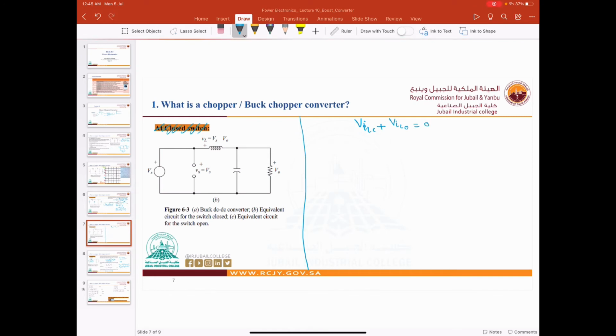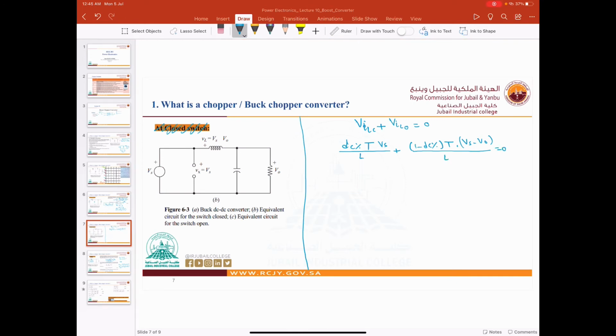Now delta IL close is basically duty cycle percent multiplied by T multiplied by Vs over L, right? And plus 1 minus duty cycle percent multiply T multiply Vs minus V out divided by L, right?